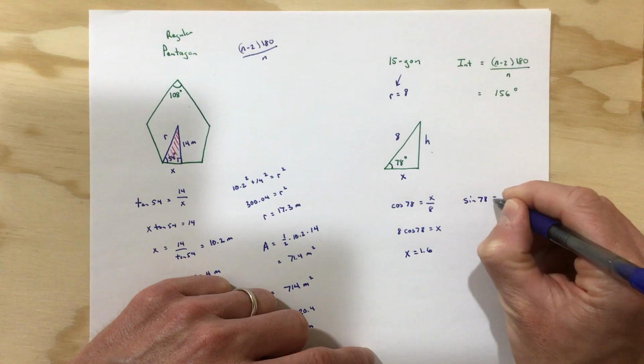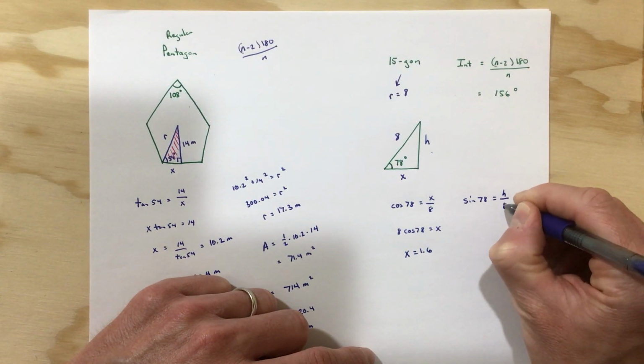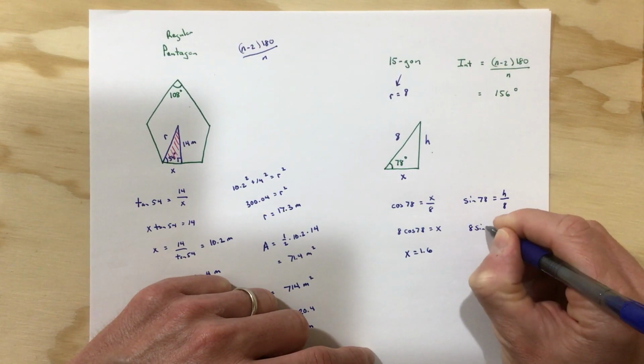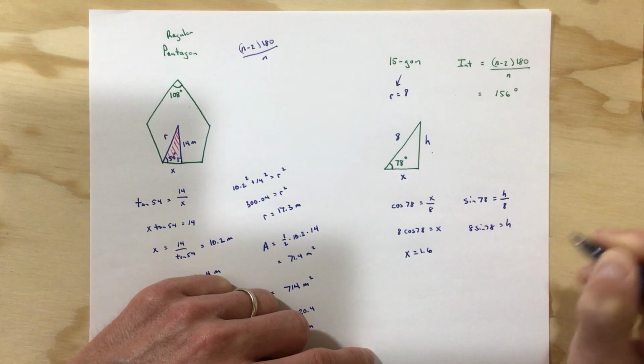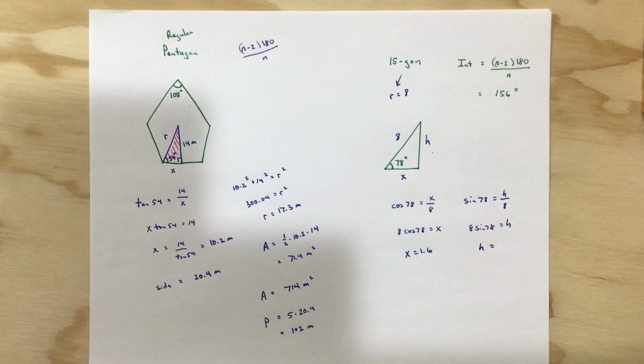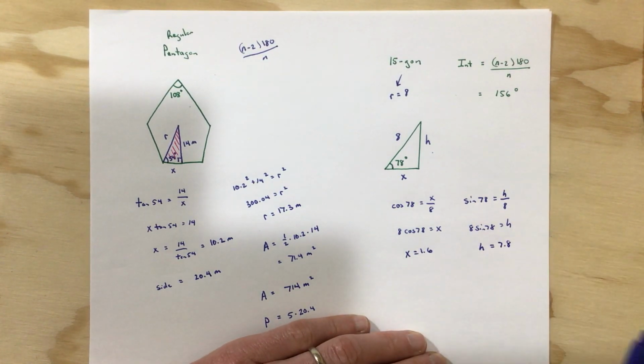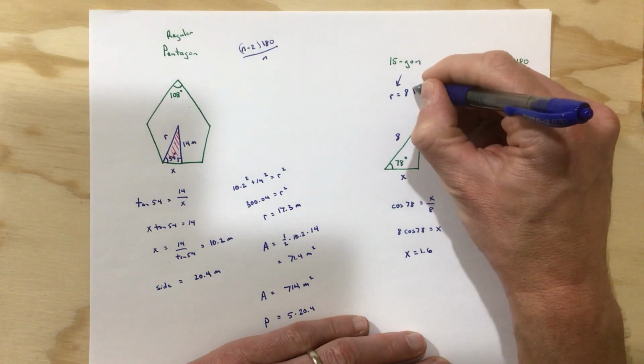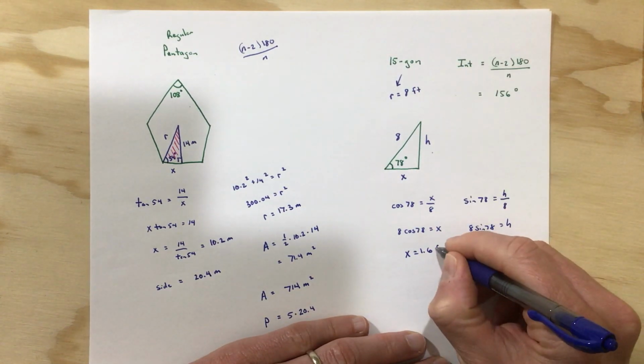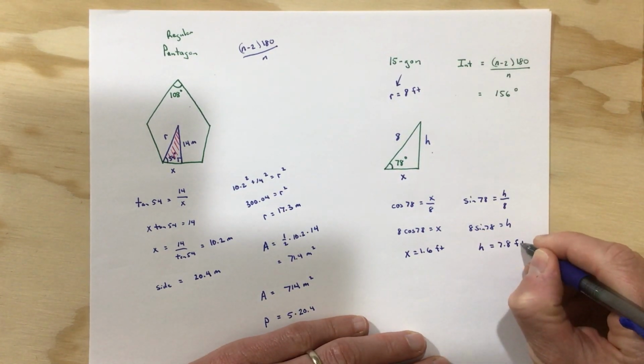Sine of 78 equals h over 8. So then 8 sine of 78 equals h. H equals 8 sine of 78, 7.8. And let's go ahead and say these are all in feet. So that's going to be in feet, and that's going to be in feet.